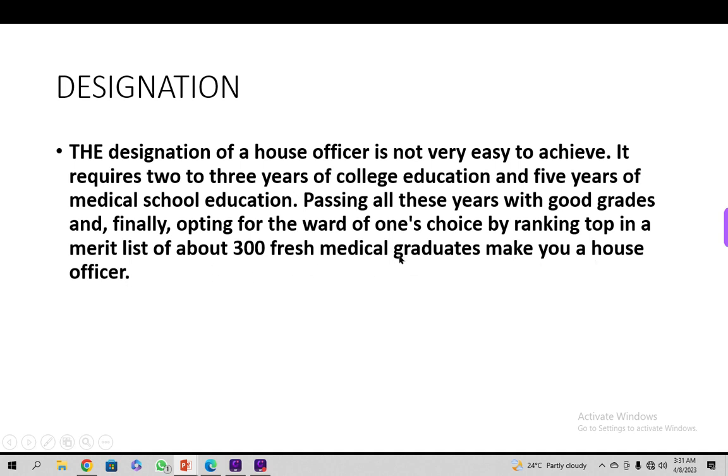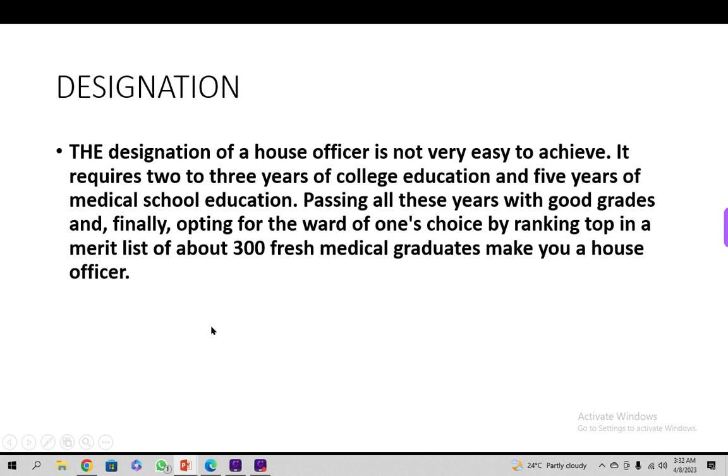It is not according to your wish. It may be possible your merit number is 234. Then the medical superintendent will decide where you will go. But those persons who have got under 10 or under 20 or under 50, they will get the house job accordingly.